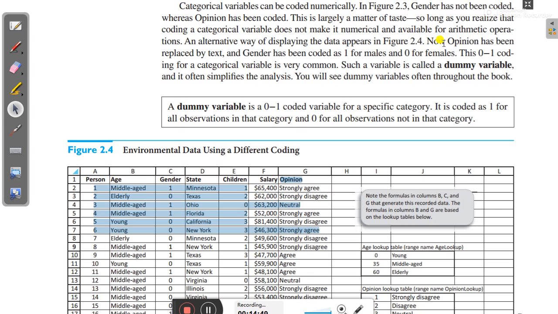So here you can see, like the opinion variable, like the nominal variable, if the gender text value or categorical value is replaced by code 1 for males or 0 for females, then the 0 1 coding for categorical variable is very common, and thus that categorical variable becomes a numerical variable, and also that ordinal variable becomes a nominal variable, because we are including those 1 and 0 values here and making it a dummy variable.